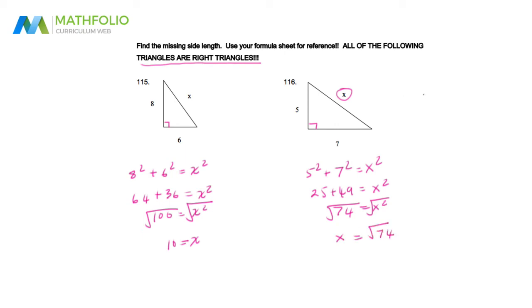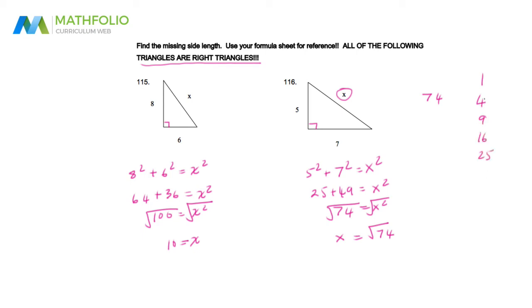Now at first you've got to think, well, does 74 have any perfect square factors? So perfect square factors are 1, 4, 9, 16, 25, and so on.